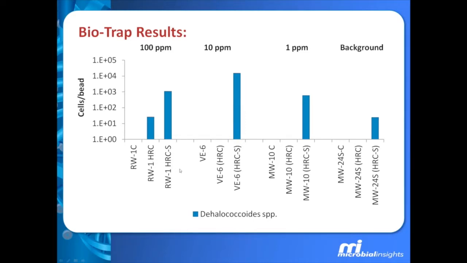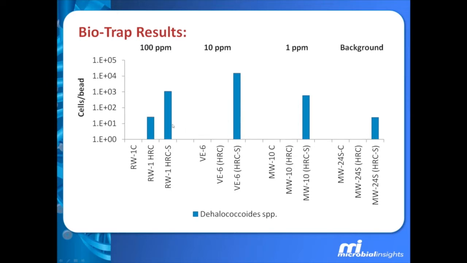And you're looking first of all at the results as far as Dehalococcoides concentrations are concerned. What you see at the 4 wells being sampled here is that there was some stimulation of Dehalococcoides with just HRC in 1 well, but not in the others.